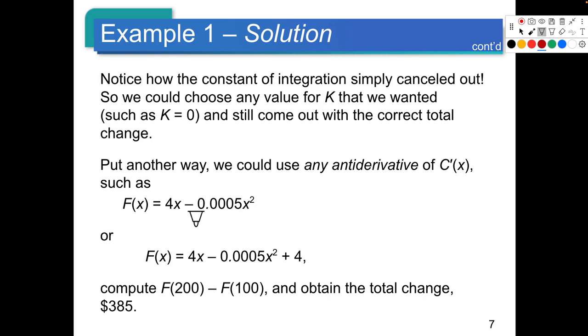So we found the antiderivative, right? This is the x squared, there's that. We could have used any of the functions, which included the antiderivative, say plus 0 or plus 4, because when we subtract them, whatever that constant is or was, it would cancel out. Okay?